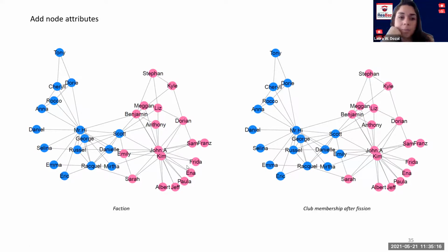And so this looks at the before or the original faction and the after faction. So looking at club membership ideologies after the fission of the price raising, only one member switched to Mr.